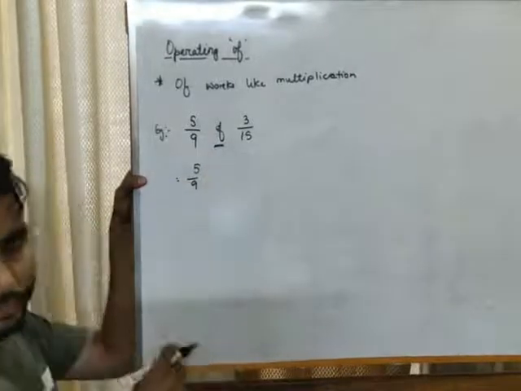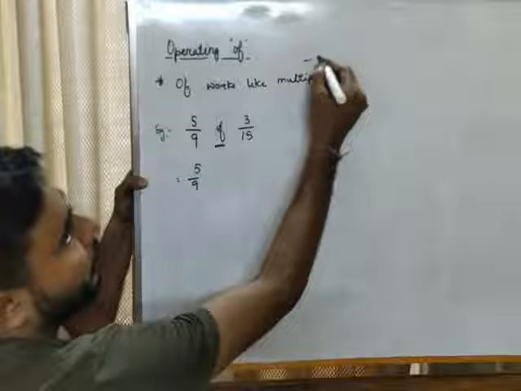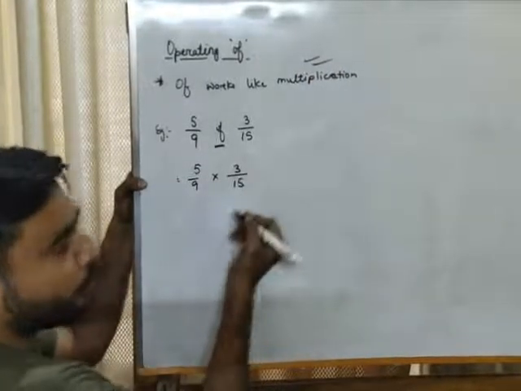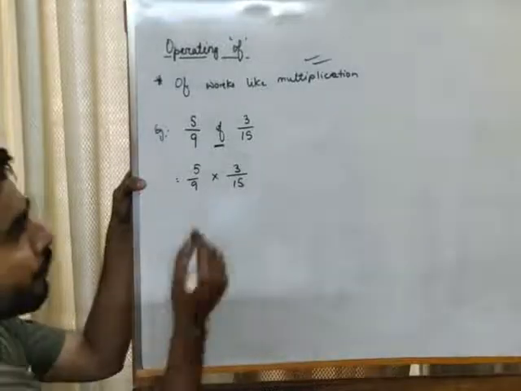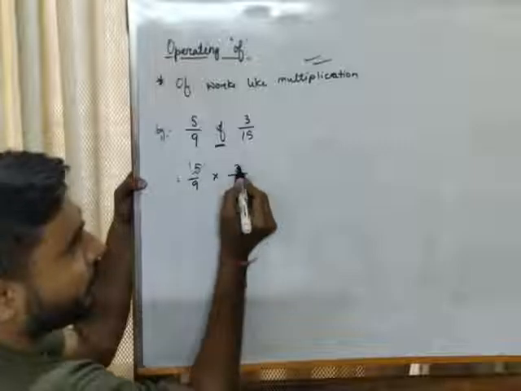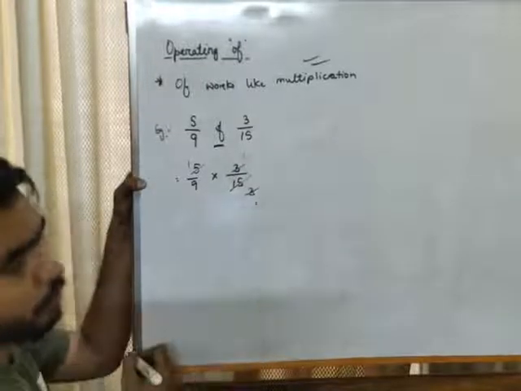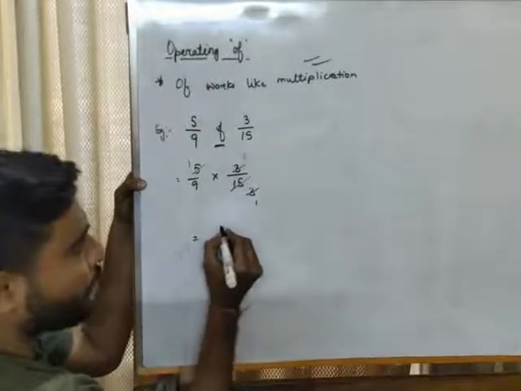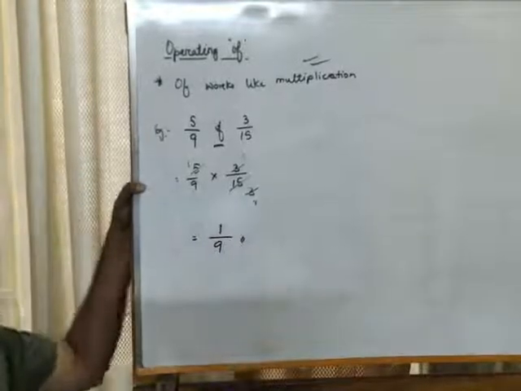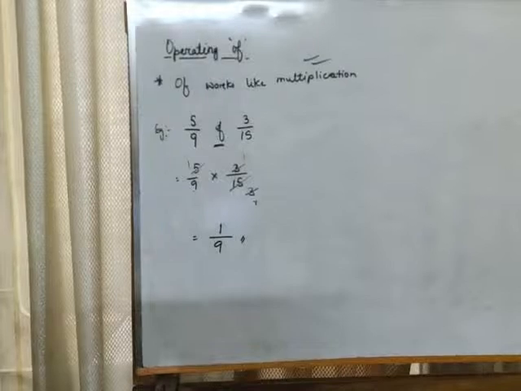When of is there, what will you do? You will multiply. So 5 by 9 into 3 by 15. Now you know how to multiply, I told you before. Cancel: 5 one time 5, 5 three times 15, 3 one time, 3 one time. So in the numerator 1 into 1 is 1, and 9 into 1 is 9. So I got 1 by 9. So this is how of works.